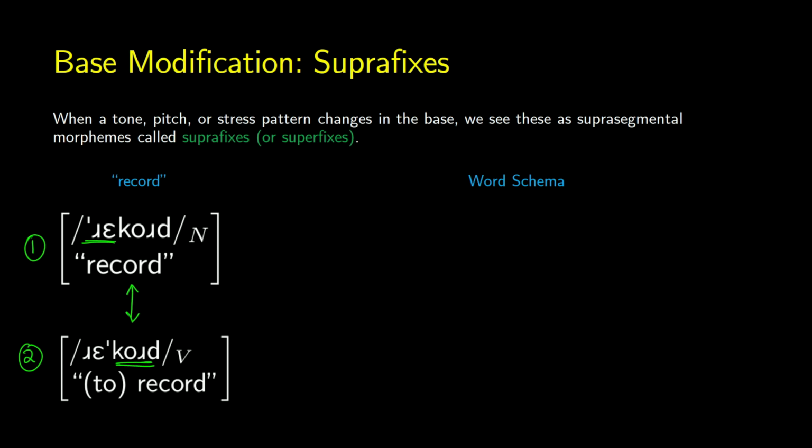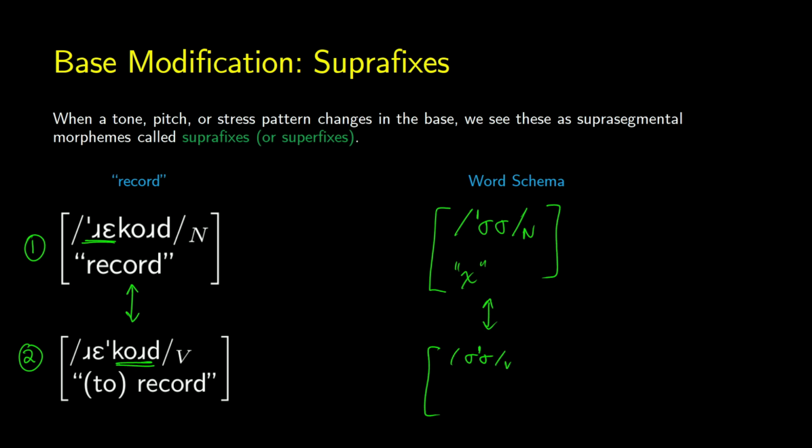So we can do this with word schema too. It's actually quite straightforward. We use the syllable symbol, so these are little sigmas. We can say if the first syllable is stressed, and it's a noun, then it has some noun form X. And this corresponds with a verbal form where you have two syllables too, but the second one gets stressed.